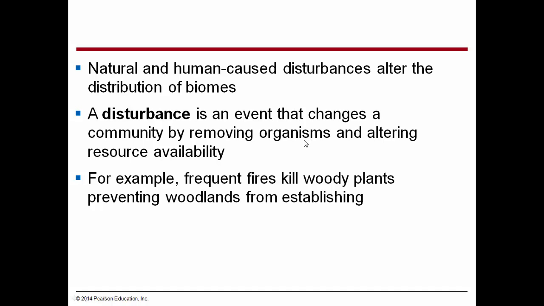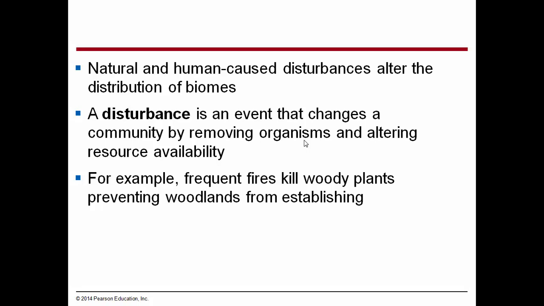Okay, natural and human-caused disturbances alter the distribution of biomes. A disturbance is an event that changes a community by removing organisms or altering resource availability. For example, frequent fires kill woody plants and prevent woodlands from establishing.